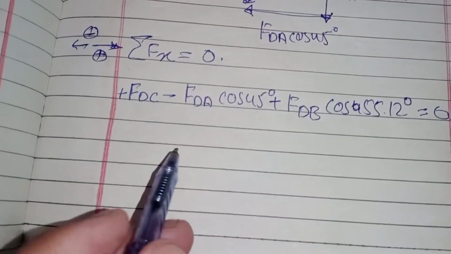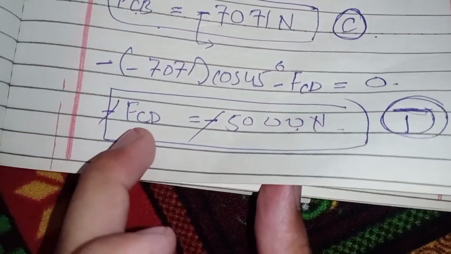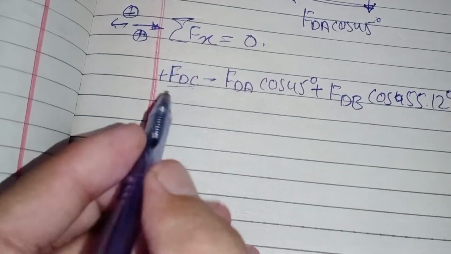And we have also found earlier that force in member DC is 5000 Newton.